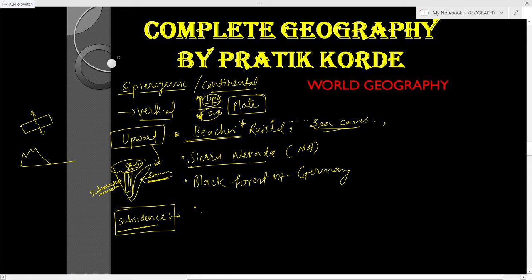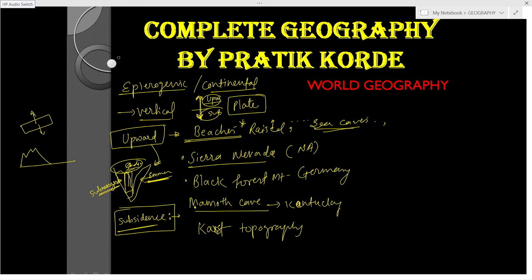First, we can write down the western coast of India, then Mammoth Cave system in Kentucky, and Karst topography. Okay, so these are the examples of subsidence and epirogenic, that is continental building forces.